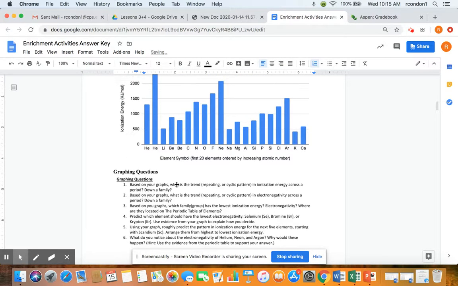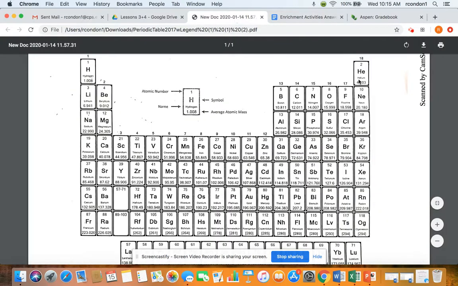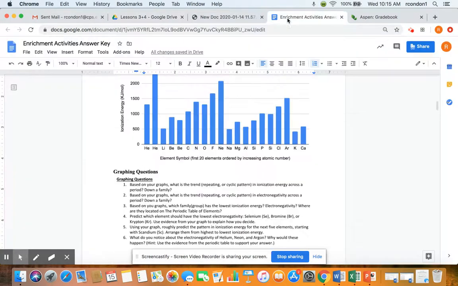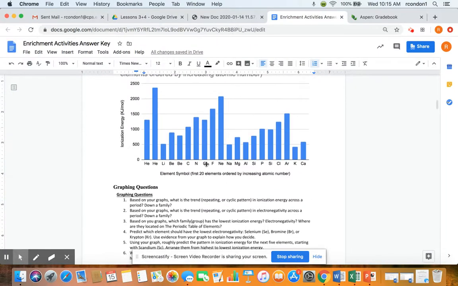And then as we go down families, let's go. Once we get to neon, if we look at our periodic table, here's neon, then we go back to sodium, and then we go across again to argon. When we look at our graph, we see that sodium is a little bit lower than lithium, and then we're increasing again to argon. But ionization energy for the period that starts with sodium seems to be lower, right?